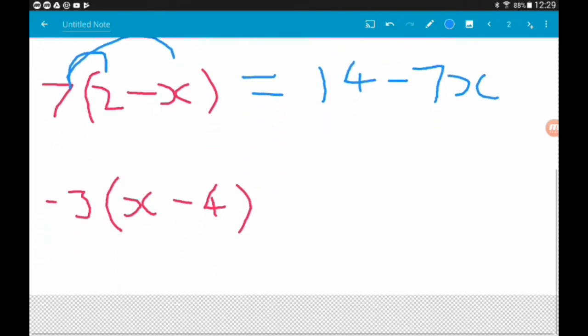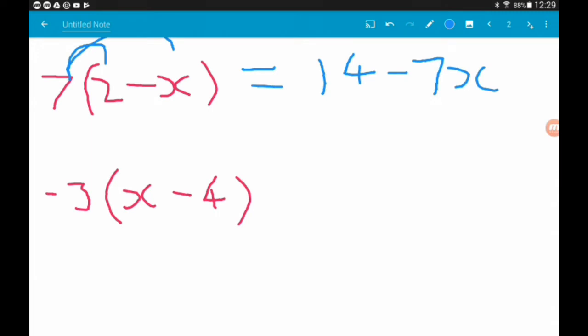Okay, and then this last one, we've got to be really careful with our signs here. So we've got a negative number on the outside. So minus 3 times x is minus 3x. Then we're doing a negative times a negative.